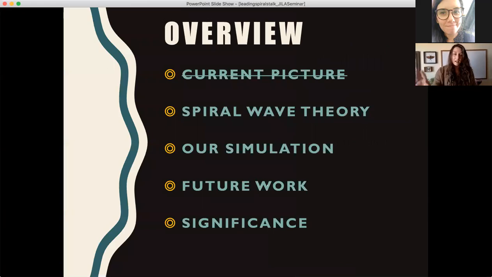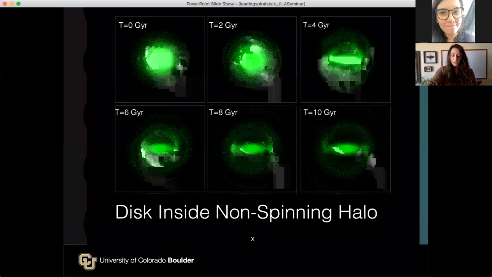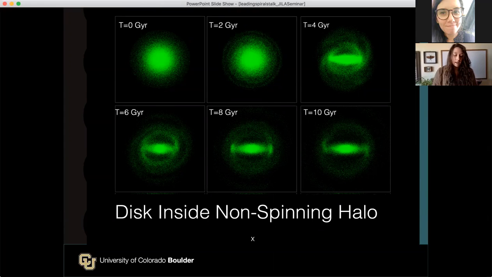So now that I've somewhat painted the picture for what spiral arms look like, I'm going to cover how spiral arms even come to happen. So the standard evolution of a spiral galaxy looks like this. Disks start axisymmetric and then sometime later undergo what's called the bar instability, which forms a stellar bar in the center.